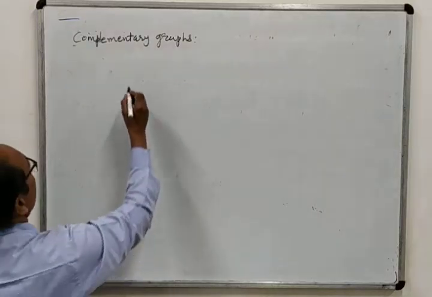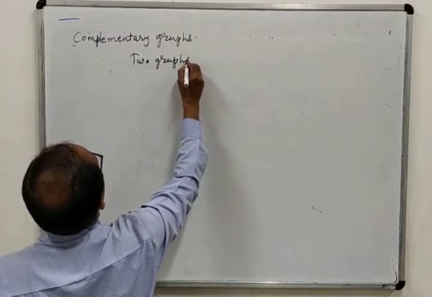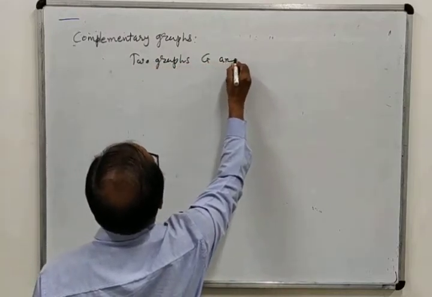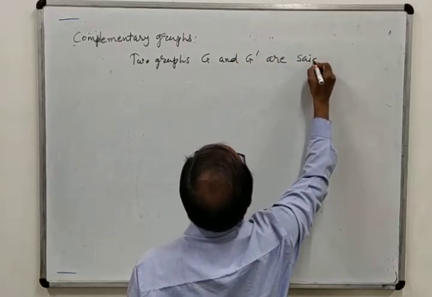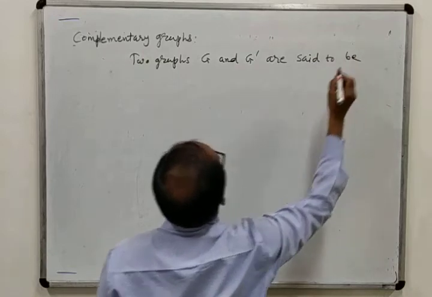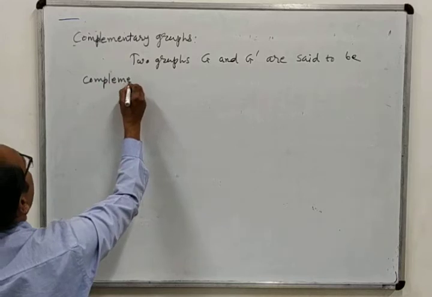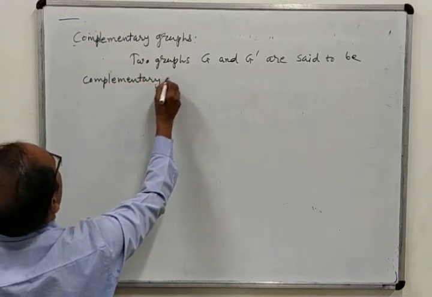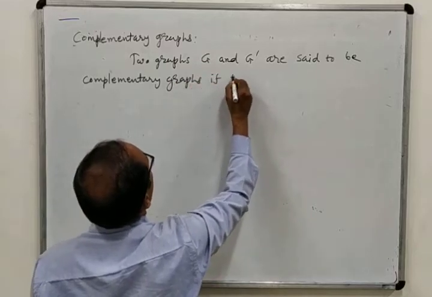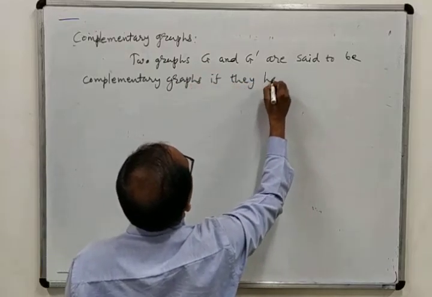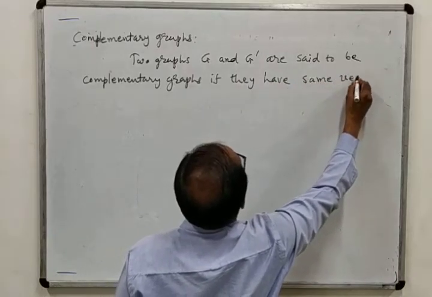So here 2 graphs G and G dash are said to be complementary graphs if they have the same vertices.